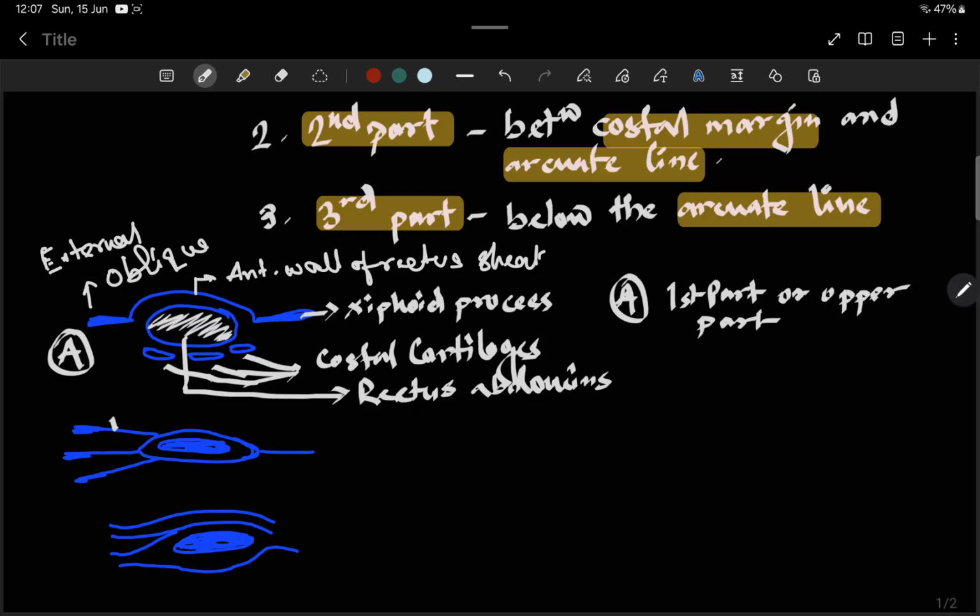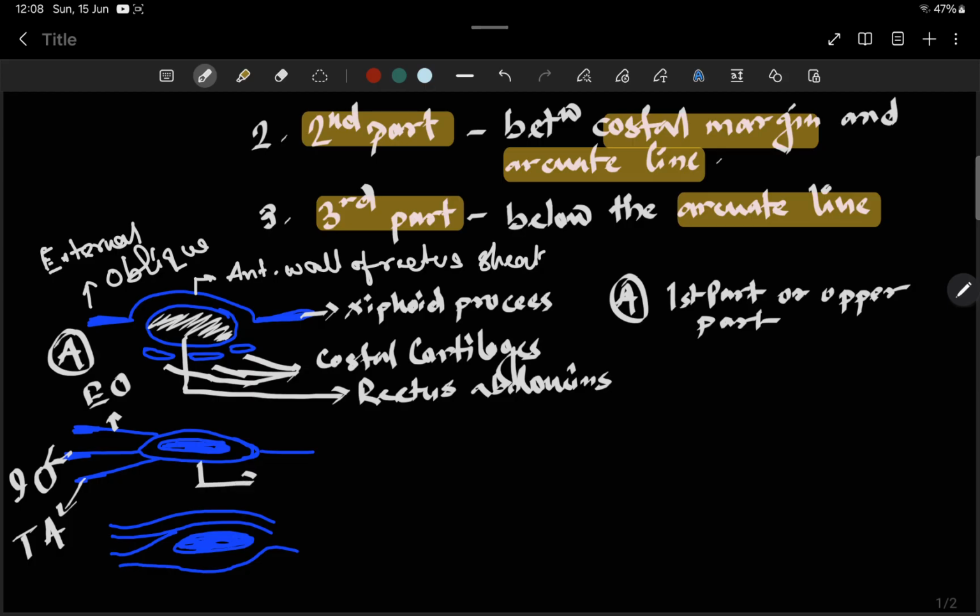Next one, likewise, this is the external oblique muscle. This one is the internal oblique muscle. This one is the transversus abdominis muscle.